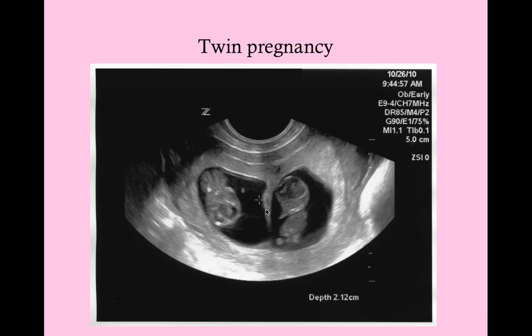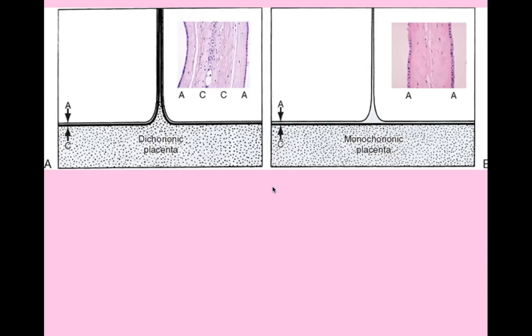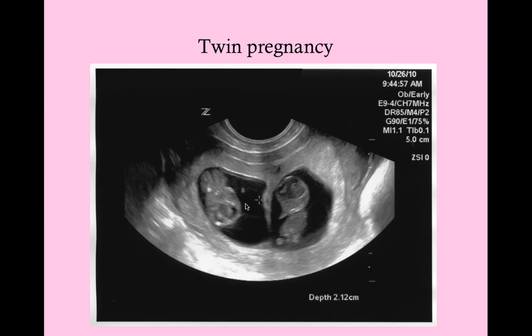For reasons that we're going to talk about, we're going to see these signs, but this looks like what we're going to see as the lambda sign. So in order to understand why you have this lambda sign and this peak here, it's important to understand what forms this intertwin membrane, the membrane between the two sacs.